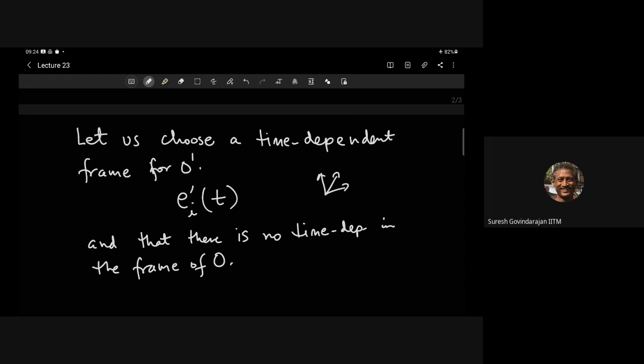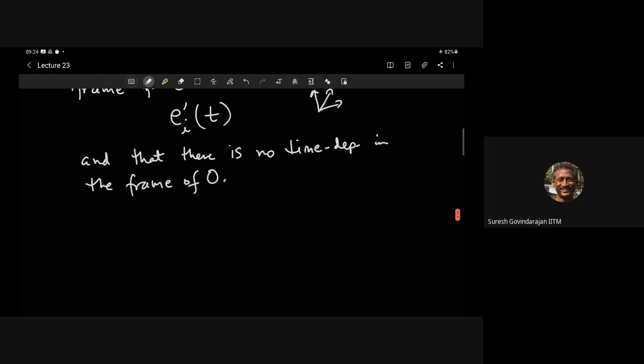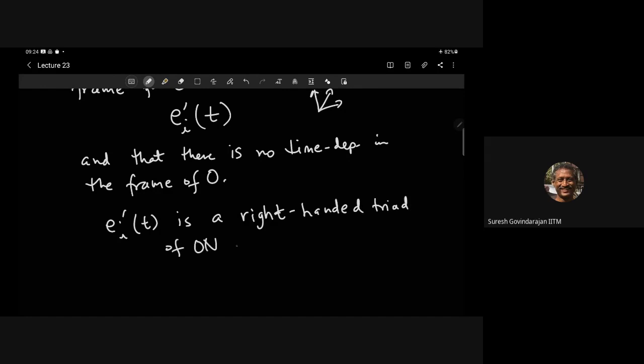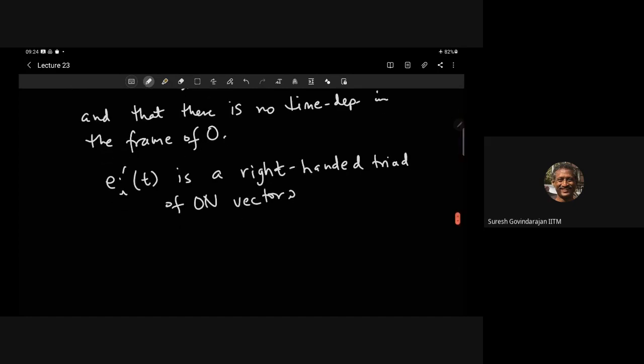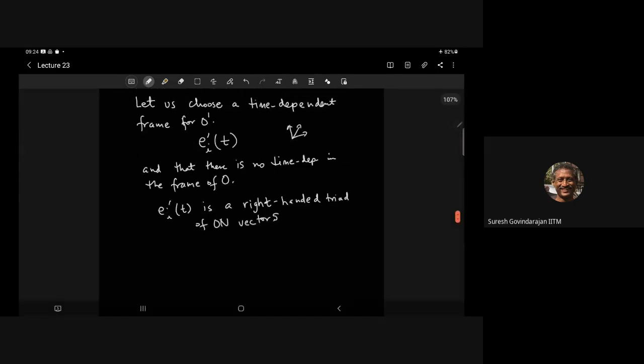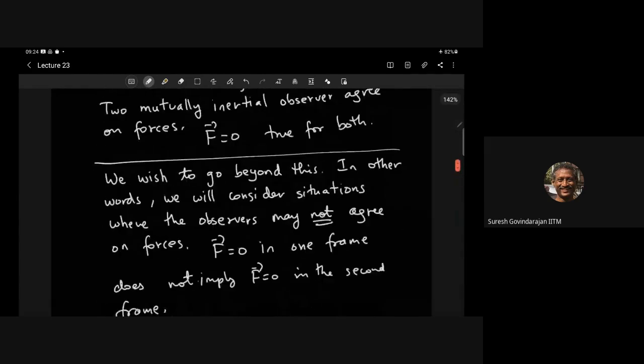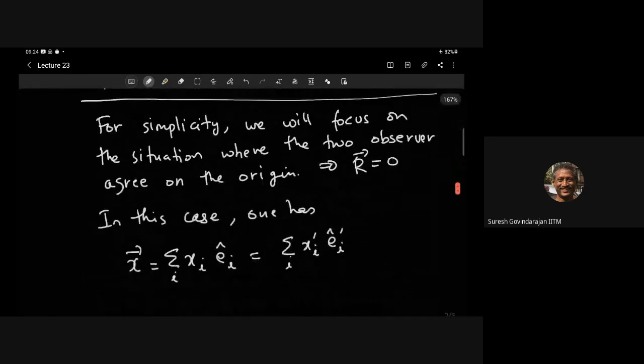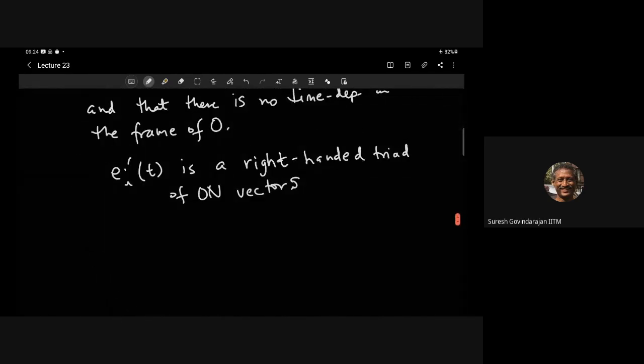We want to study how it changes. So what do we know about e_i prime? What we know is that e_i prime of t is a right-handed triad of orthonormal vectors. It's an orthonormal basis. In particular, there are two properties.